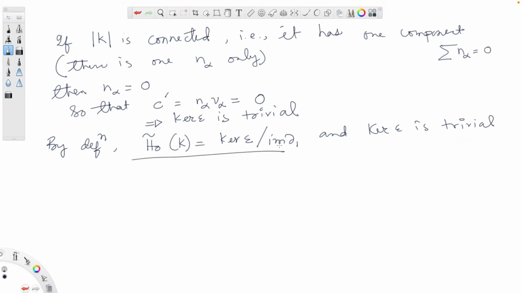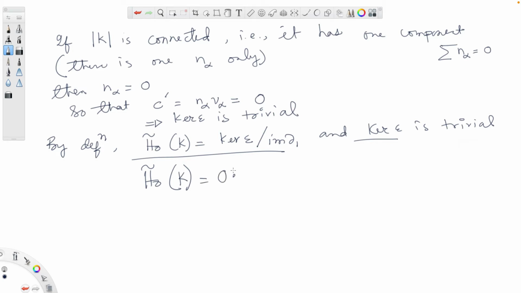So this together with this implies that since the image of delta 1 is a subgroup of the kernel of epsilon, that has to be trivial as well, and hence the reduced homology group is 0.